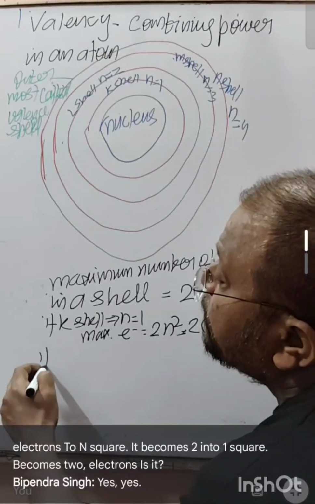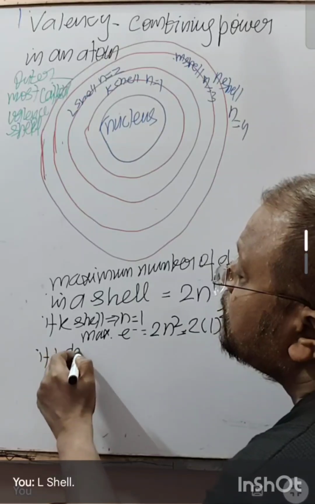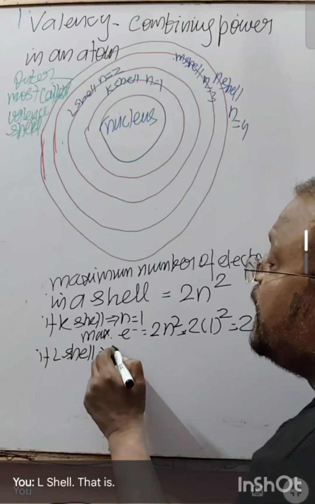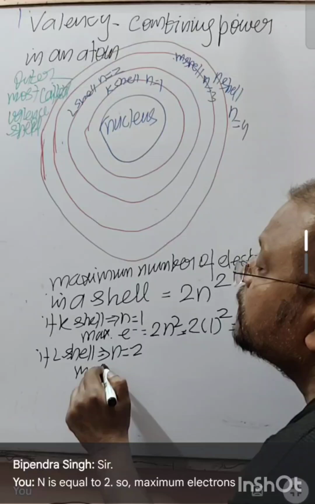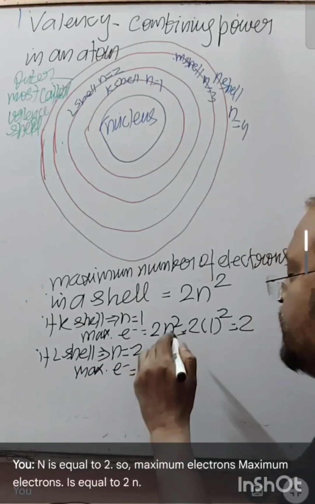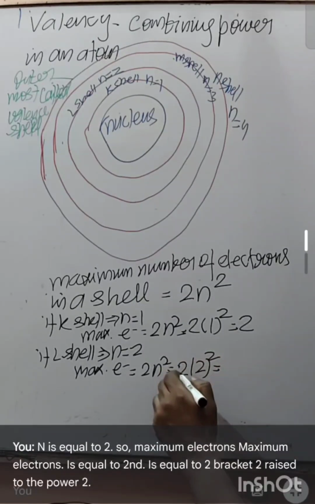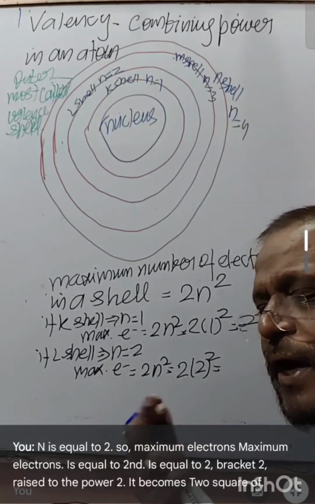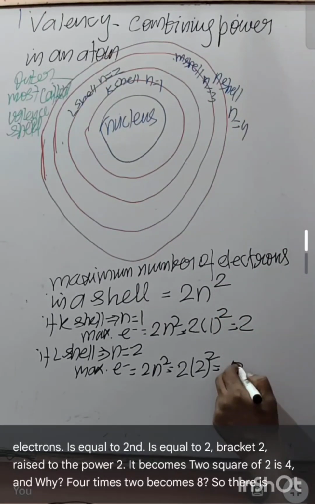If L shell, that is n equal to 2, so maximum electrons is equal to 2n square is equal to 2 into 2 raised to the power 2. The square of 2 is 4, and 4 times 2 becomes 8. So there are 8 electrons.